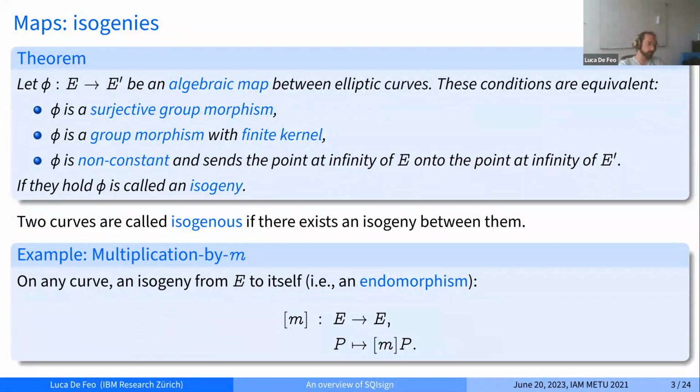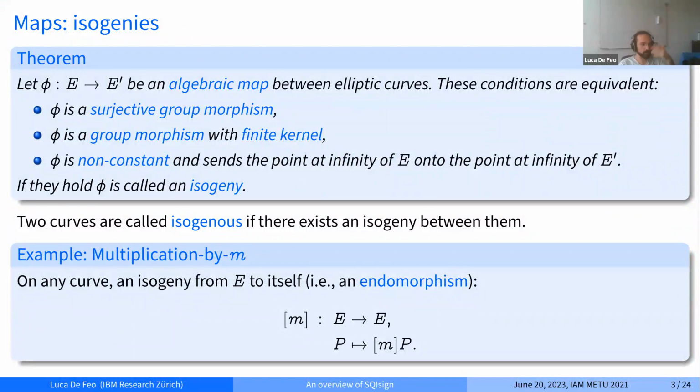And something that's even more striking, you don't even need to impose the group structure. You just need to say that the isogeny is a non-constant map. You cannot send all the points to a single point, but just non-constant suffices, and it must preserve the point at infinity. So in terms of groups, it must preserve the identity element of the group. And this is sufficient to prove that the isogeny is a group morphism.